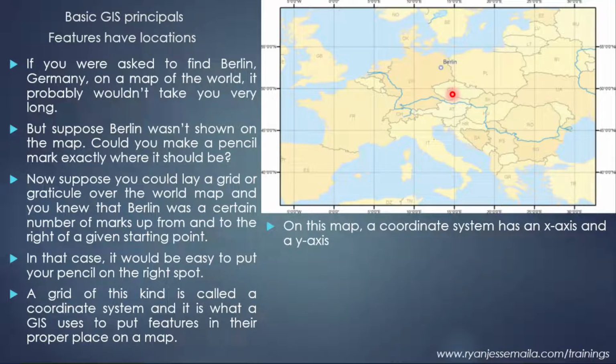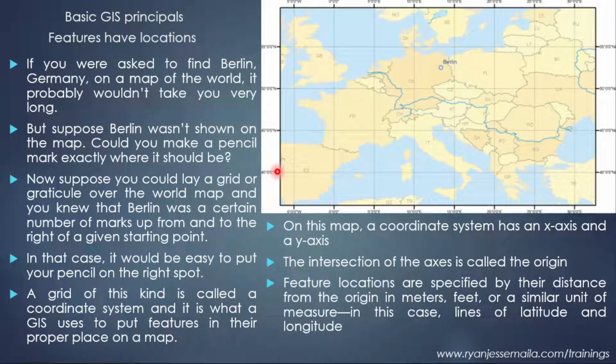On this map, a coordinate system has an x-axis and a y-axis. The intersection of the axes is called the origin.